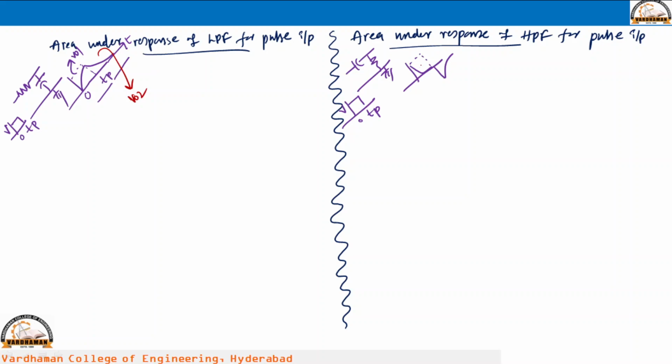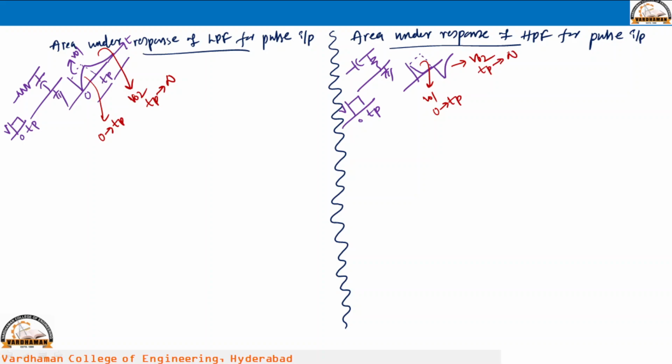Okay. Similarly, in case of high pass filter also, this is V01 and this is V02. V01 is from 0 to Tp and V02 is from Tp to infinity.